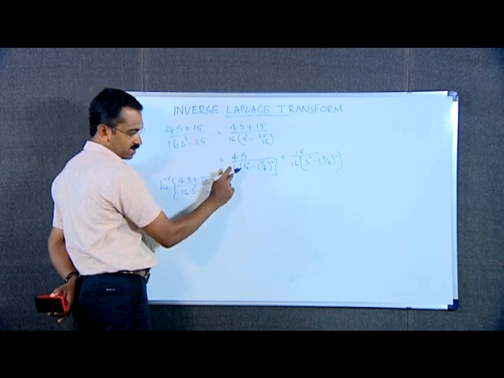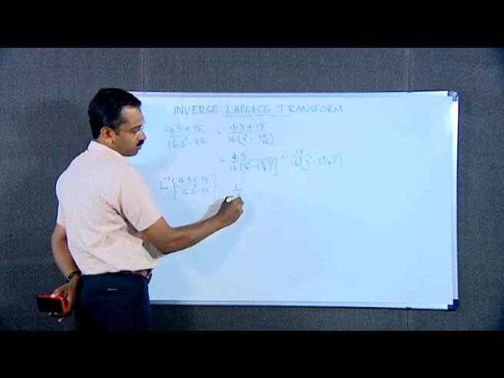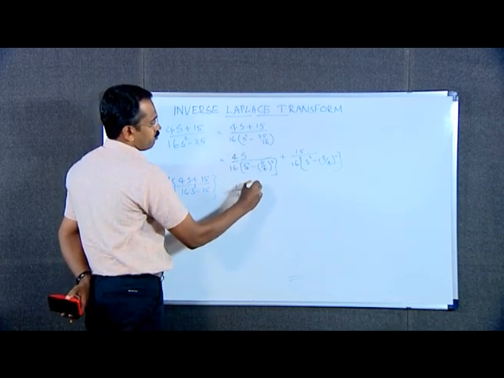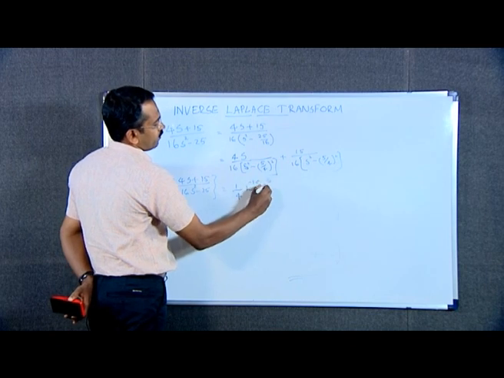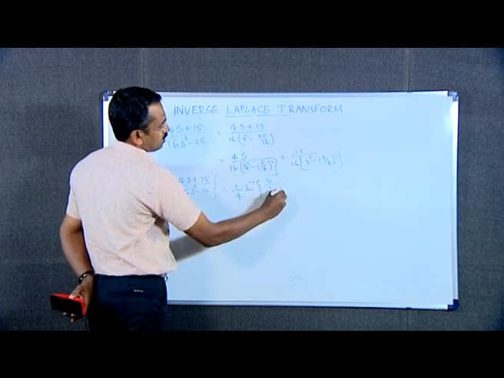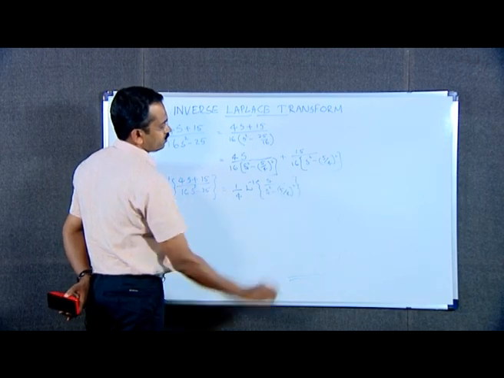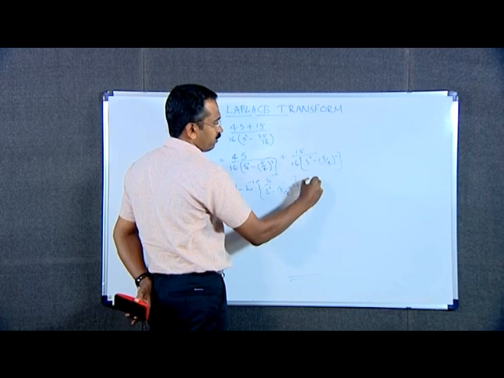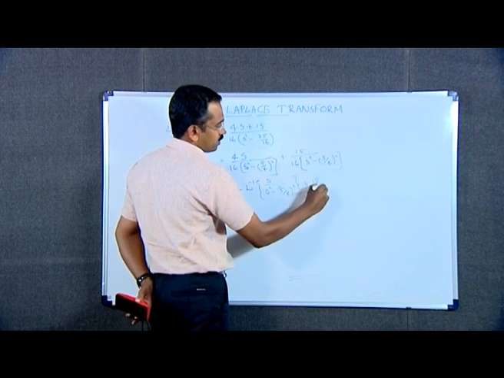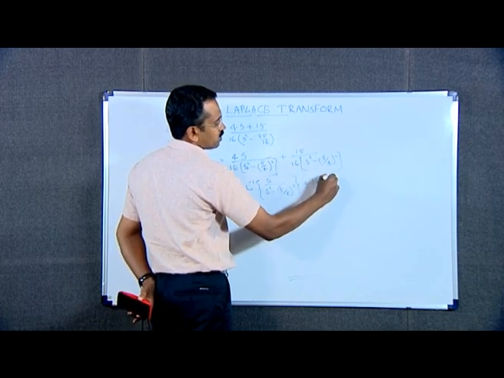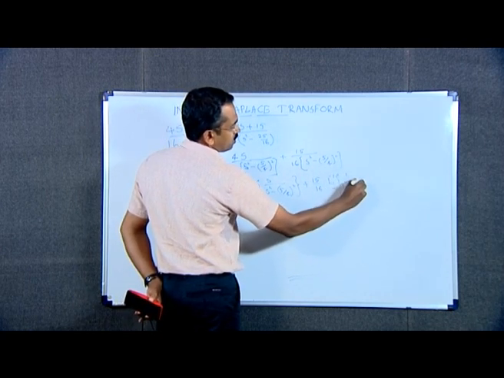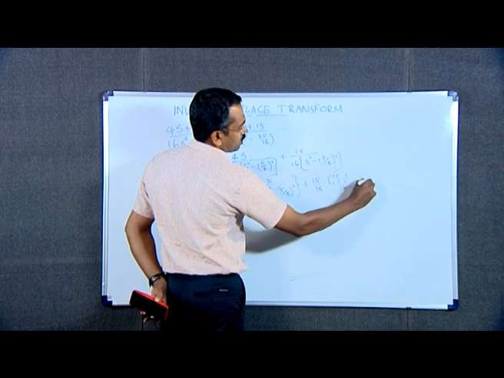That is 4 by 16 means 1 by 4 into L inverse of s by s square minus 5 by 4 the whole square, plus here 15 by 16 into L inverse of 1 by s square minus 5 by 4 the whole square.